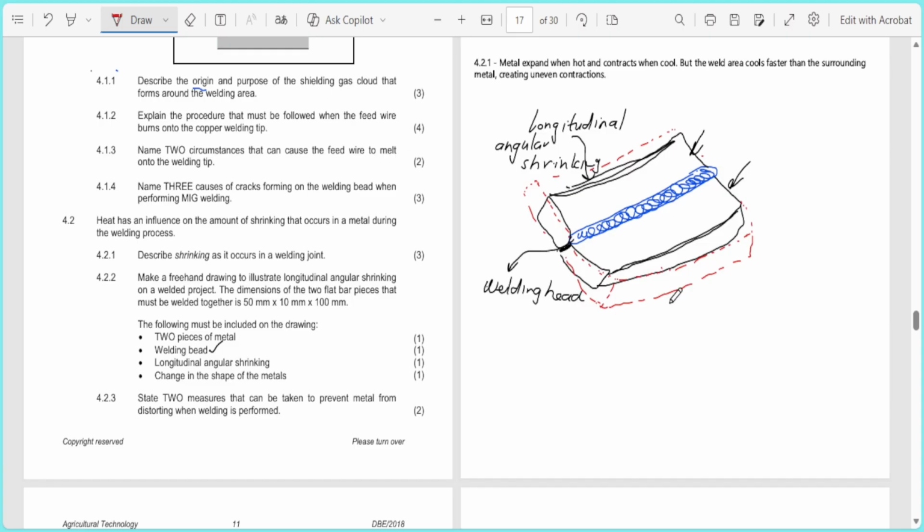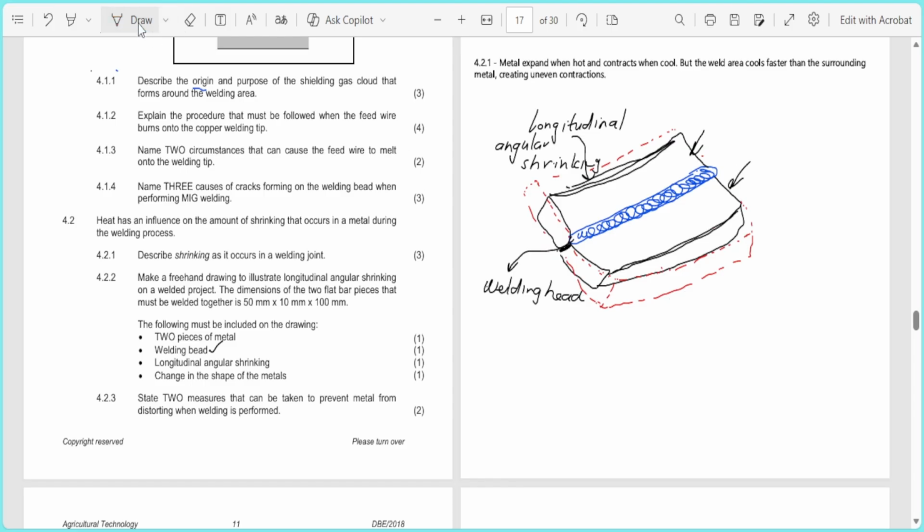But after welding, it's gonna shrink a little bit, right? It's gonna get distorted. Now, whether we like it or not, this will always take place. We want to state ways in which to reduce this effect. That is what 4.2.3 is all about.